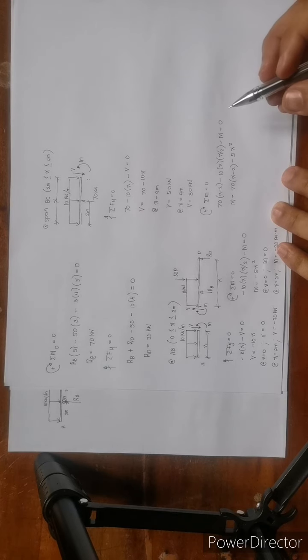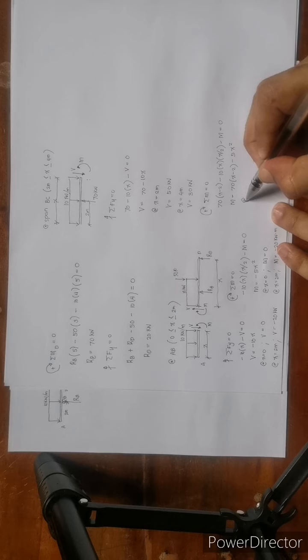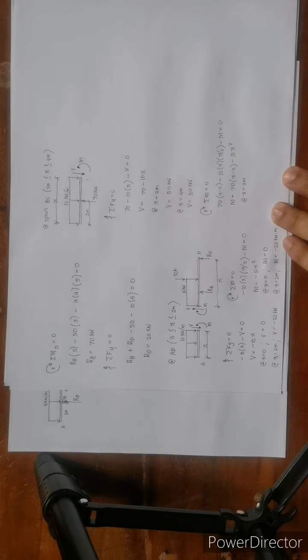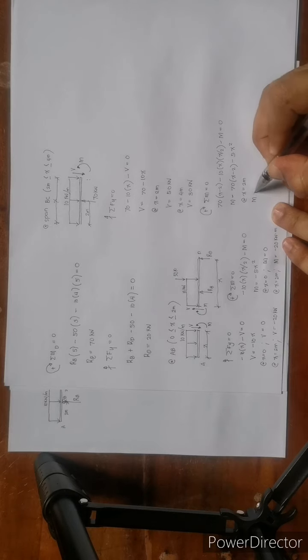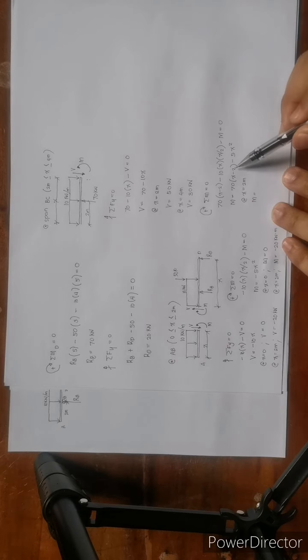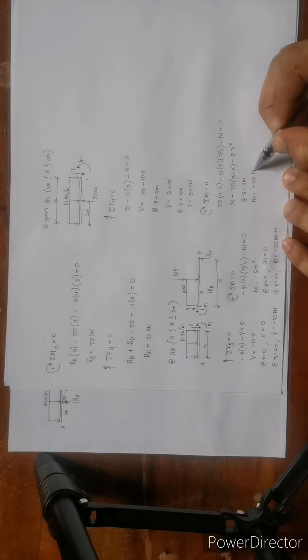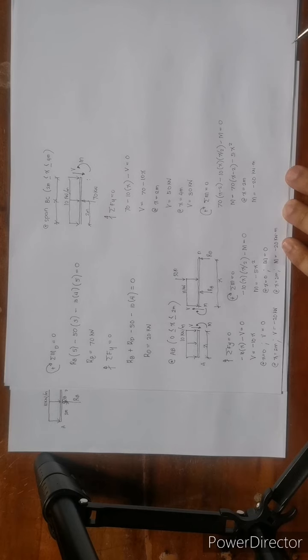Again, guys, substitute po natin yung values ng x. At x equals 2 meters, dahil nasa span BC pa rin tayo, ano yung magiging value ng M? 70 times (2 minus 2). Cancel yun. So, negative 5 times 2 squared. Negative 20 kilonewton meter. Next one. At x equals 4 meters.